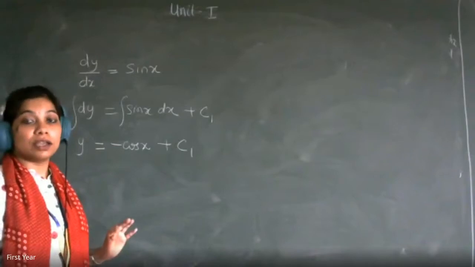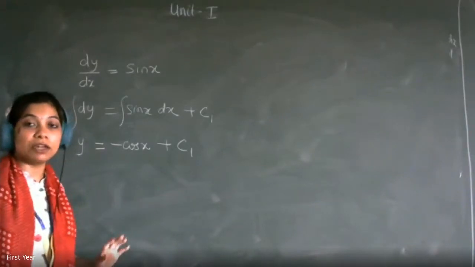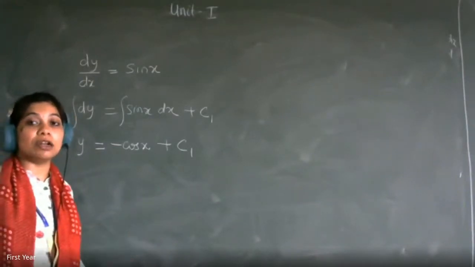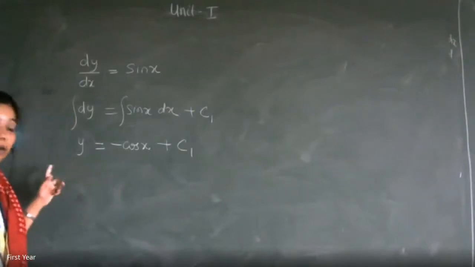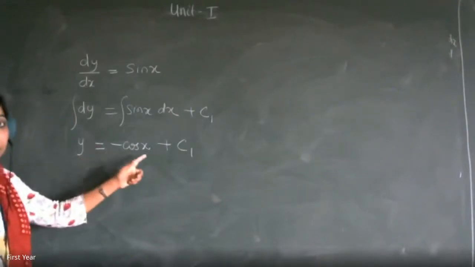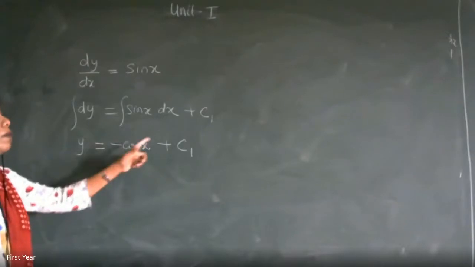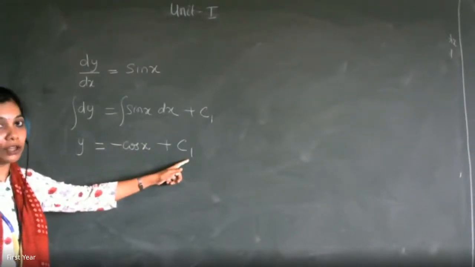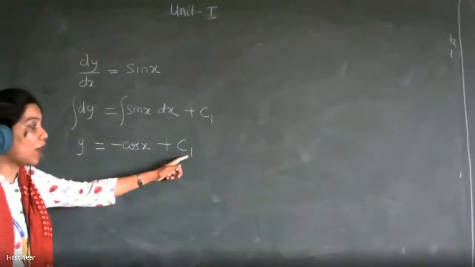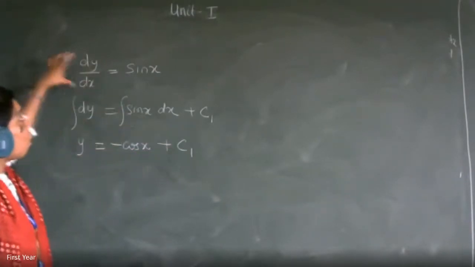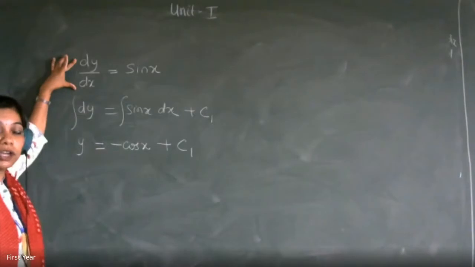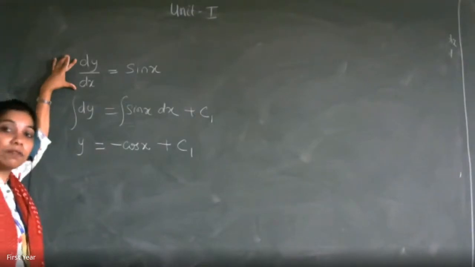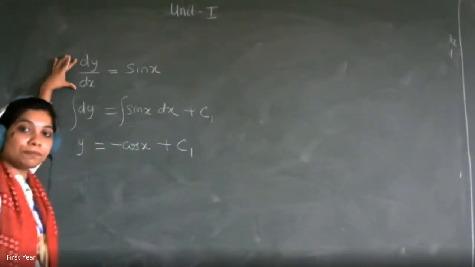So in the notes, these definitions are given. A relation between dependent variable and independent variable, with number of arbitrary constants equal to the order of the differential equation, is called the general solution of the differential equation. Is it okay?